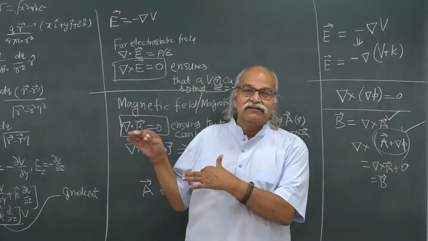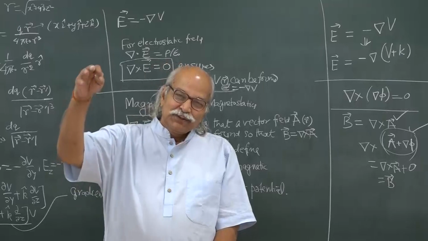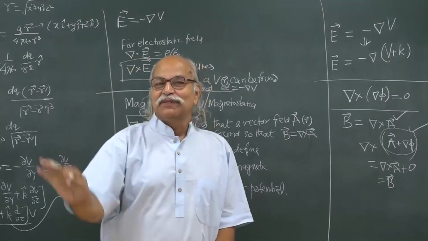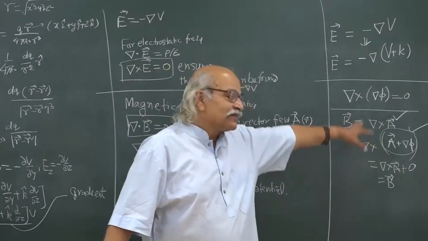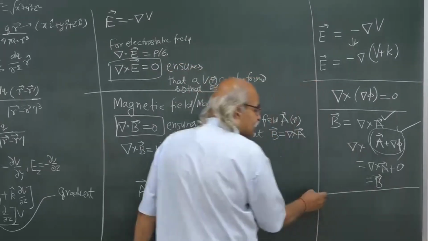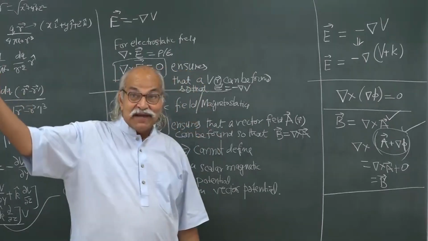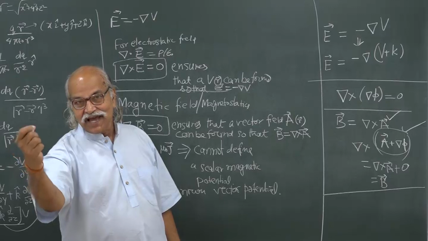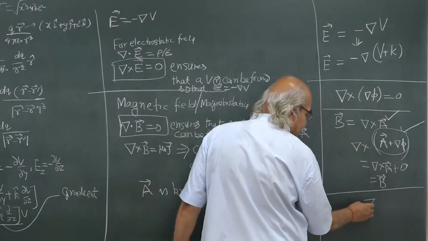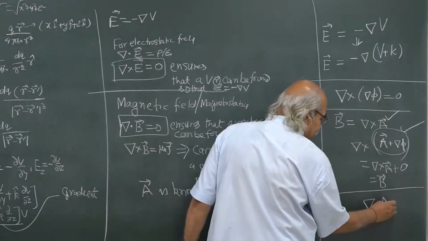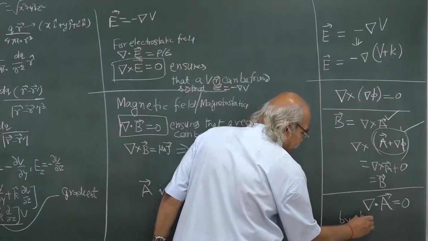So, just like in the electrostatics case, we were given a choice that you choose, okay fine, at this point the potential will be 0 by definition. Here also we have a choice of which A to be chosen, and the choice we generally take is that, just like there we demand the potential should be 0 at a point of my choice, here we demand that your vector potential should be such that divergence of that A vector is 0, by choice, no physics.